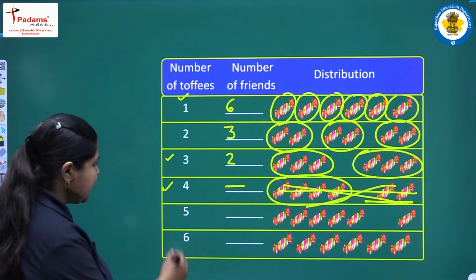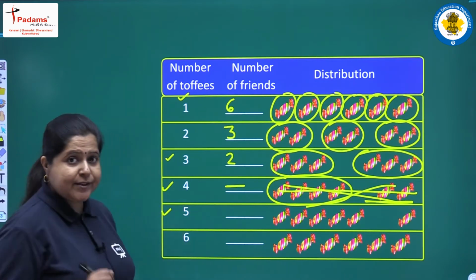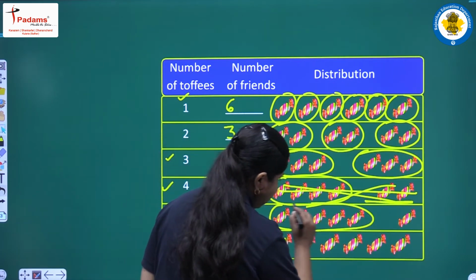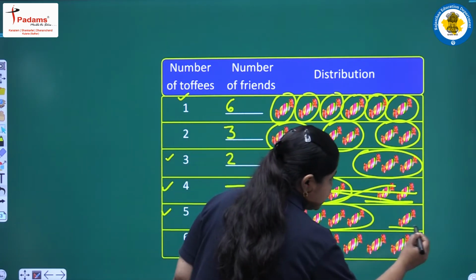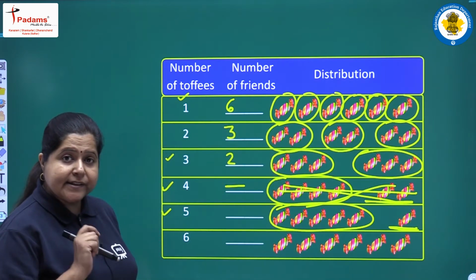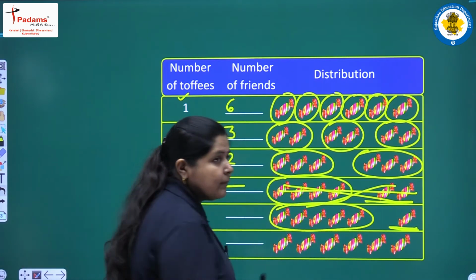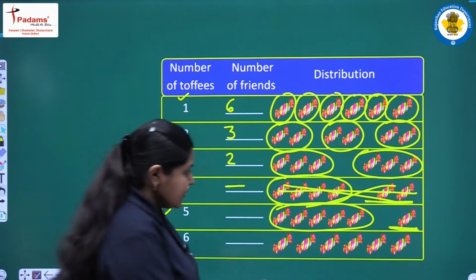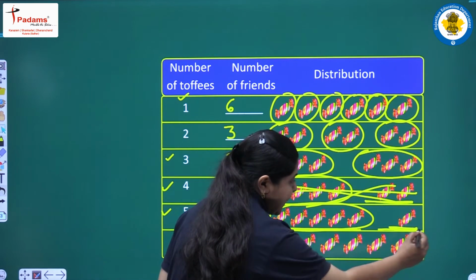Then what next? If I want to give 5 sweets to 1 single friend, then we are left with 1 single toffee, and now we can't again distribute these toffees equally among our friends, between any 2 people also. The distribution can't be equal, you can see here.